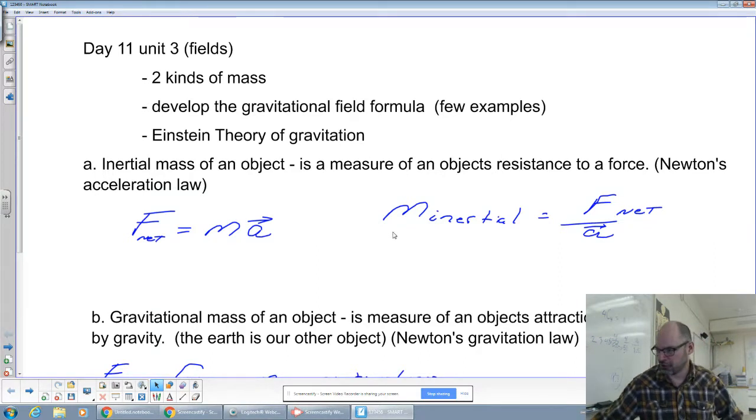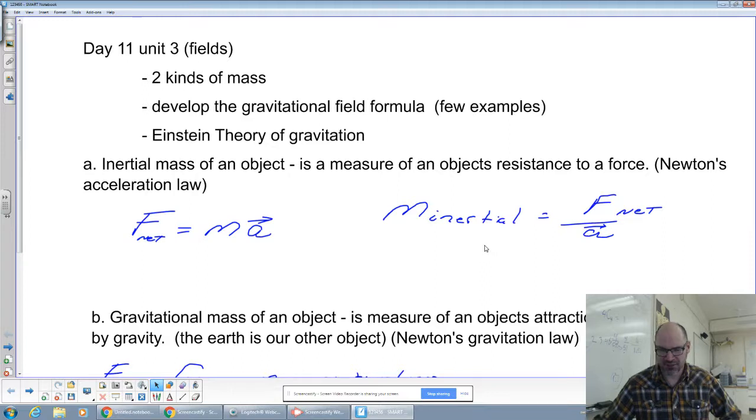So the inertial mass would just be equal to the net force divided by the acceleration of the object. So inertial mass is the object's resistance to force. That's what we mean by inertial mass.